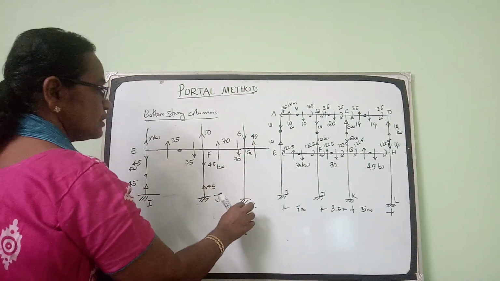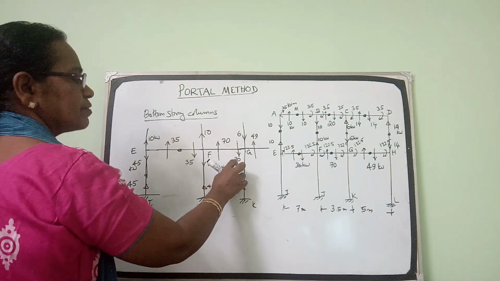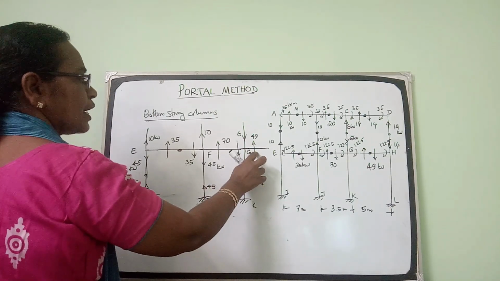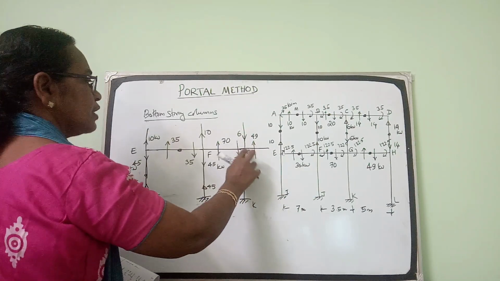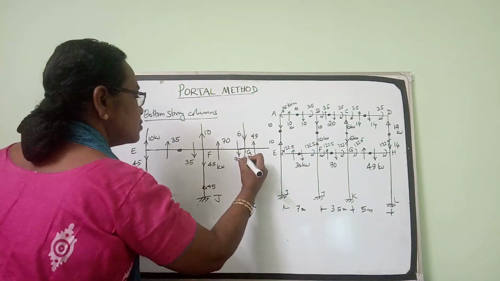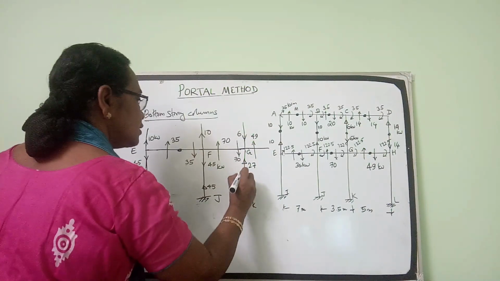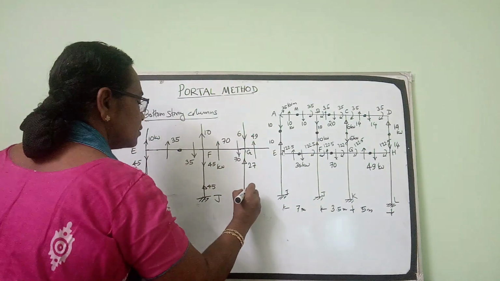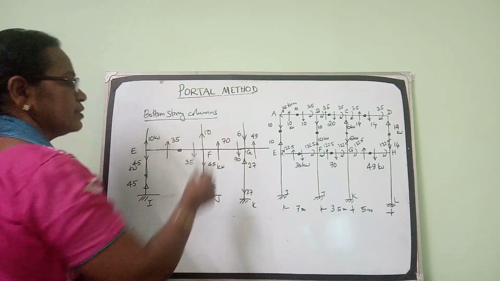So what will be the force in GK? Total downward forces 70 plus 6, 76. Upward is 49. 76 minus 49, it is 27, the net force acting downward. So this column force should be 27 upwards. If this is upward, opposite should be downward. So this column is also subjected to axial thrust.